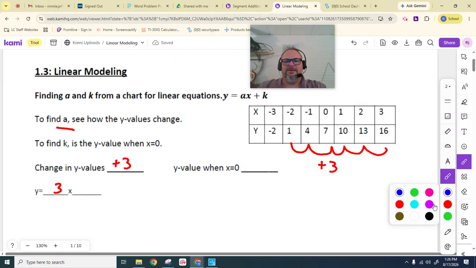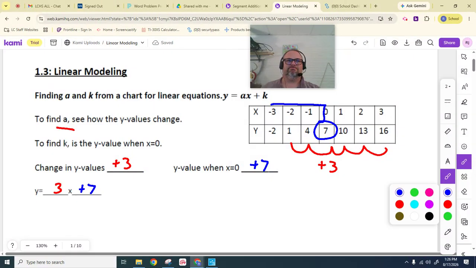All right. That's how we find A. To find K, it's the y value when x is 0. So look across the top. Okay. X is 0. What's our y value? 7. So guess what? That's all we have to do. That's it when it's in the chart.